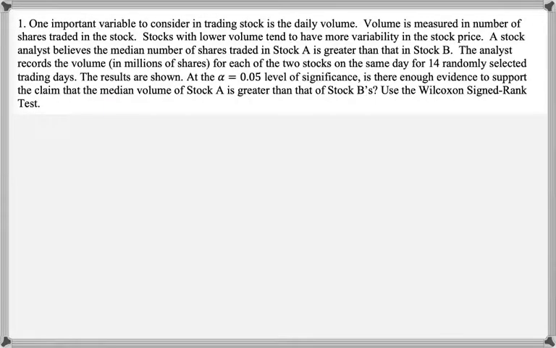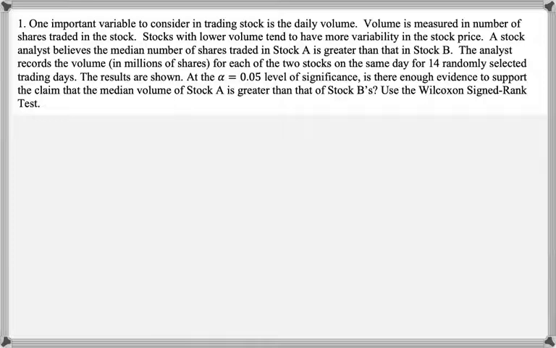One important variable to consider in trading stock is the daily volume. Volume is measured in number of shares traded in the stock. Stocks with lower volume tend to have more variability in the stock price. A stock analyst believes the median number of shares traded in stock A is greater than that in stock B. The analyst records the volume in millions of shares for each of the two stocks on the same day for 14 randomly selected trading days.